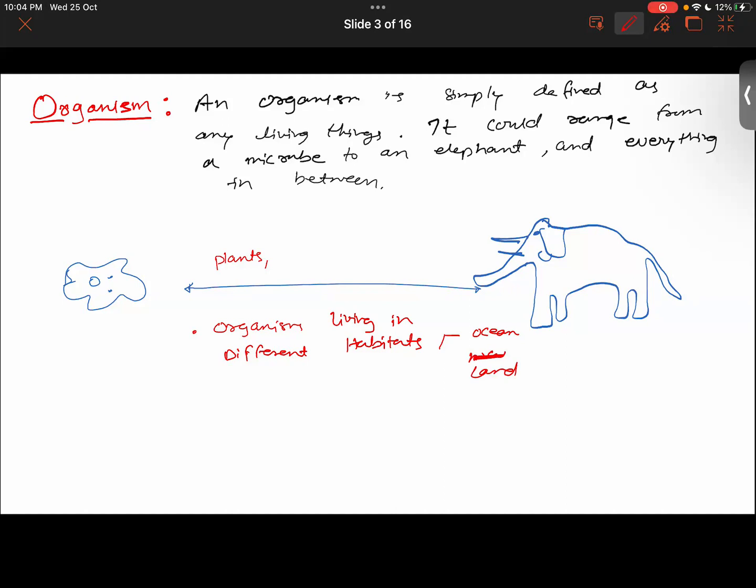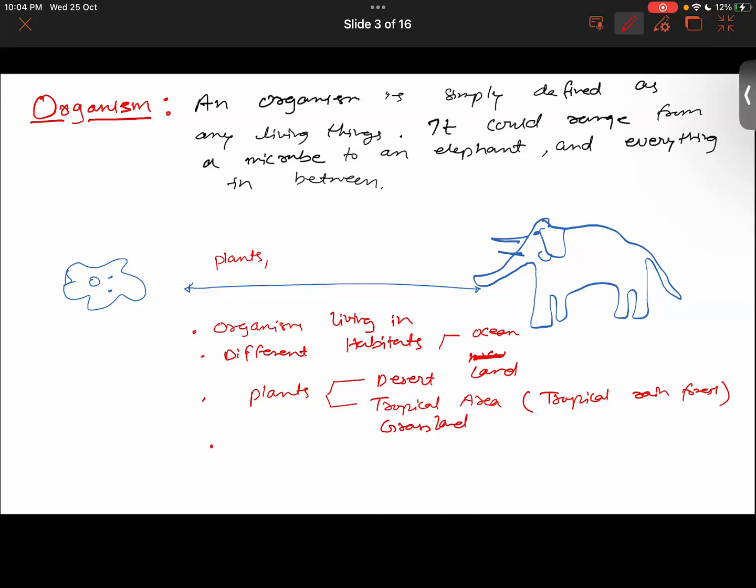And then plants growing in different regions, whether it is growing in the desert, or the plants that are growing in the tropical areas, like the tropical rainforest, or whether it is the grassland, all these are part of the organisms.